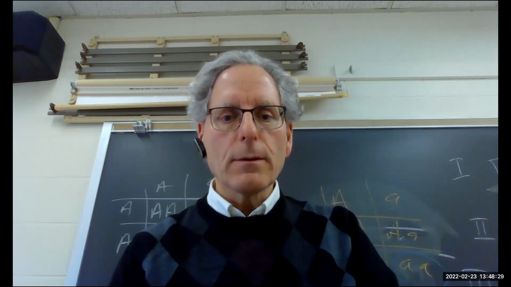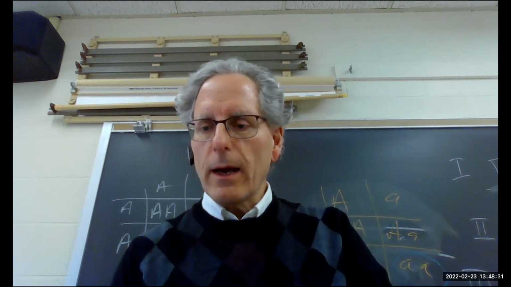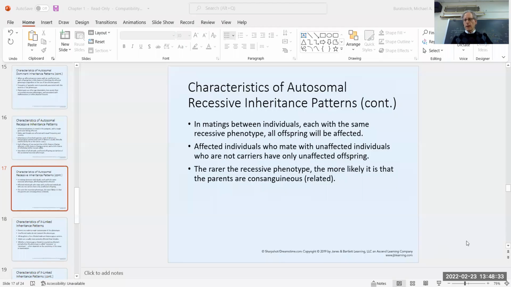All right, so now go back to our slide. Now this talks about some of the different patterns. So with the autosomal patterns, this is essentially the inheritance pattern you'll see.